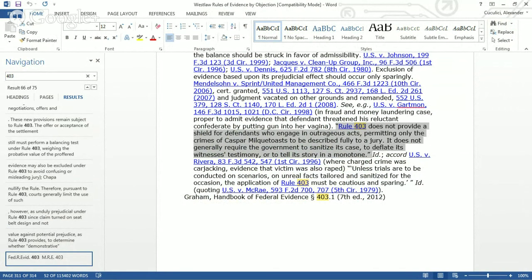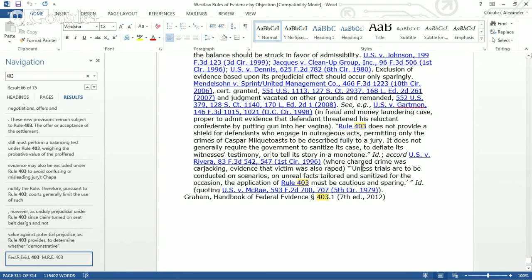It does not generally require the government to sanitize its case, to deflate its witnesses' testimony, or to tell its stories in a monotone. So an attorney being passionate or talking about the emotion in a case is not in itself enough to be prejudicial. It does not require plaintiffs to sanitize their case out of fear of emotional prejudice. It's when these specific instances are being described or being likened to the KGB or are being used solely to bring in unwarranted bias that Rule 403 can be used.